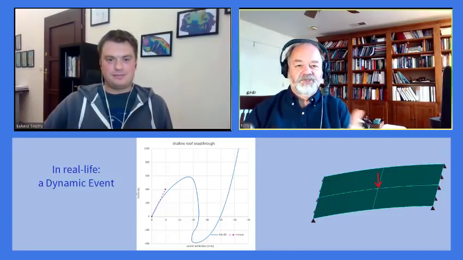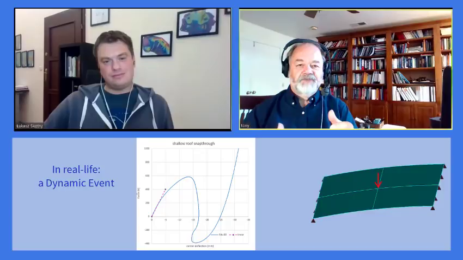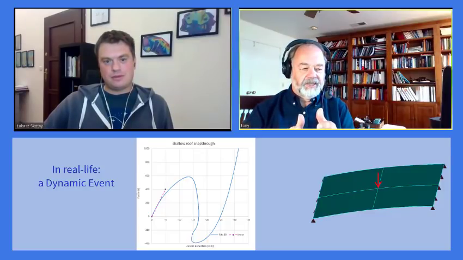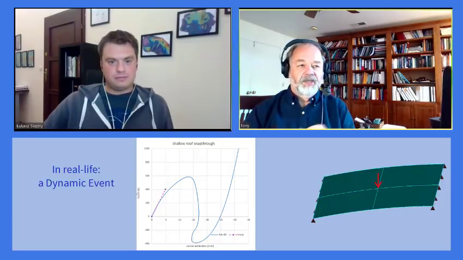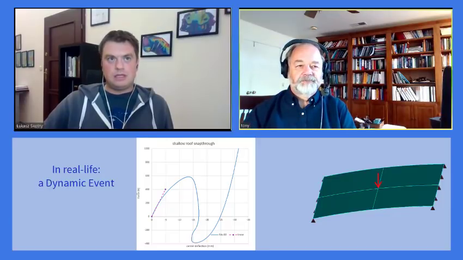I'm starting from scratch at each step. So having said that, it's a dynamic event. Pseudostatic is, as you emphasize, equilibrium at each stage, static equilibrium. Now we're saying it's really a dynamic event. Do you think it matters that we miss out dynamics in this particular case?